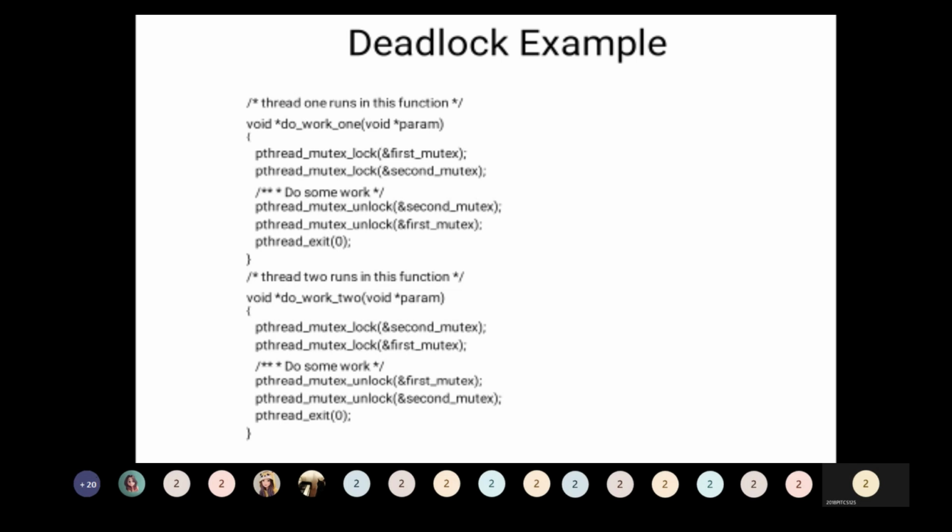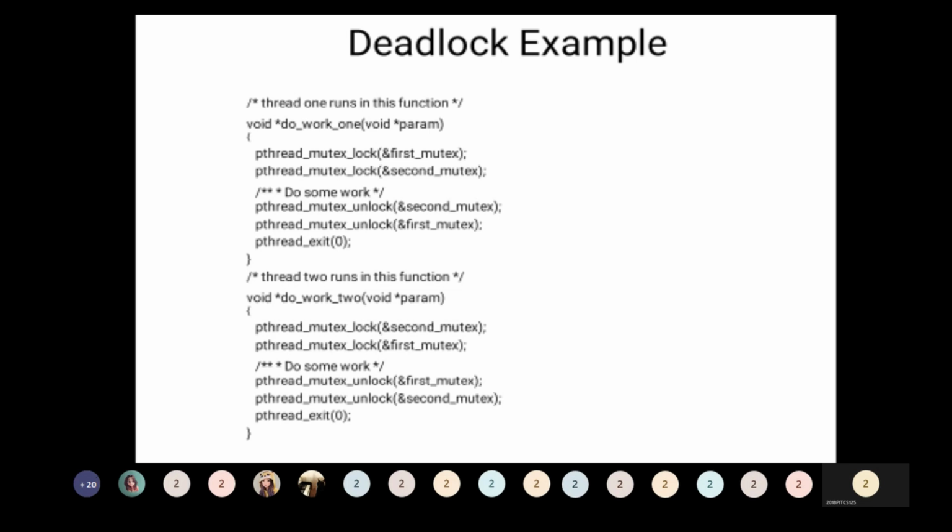During that time, thread 2 is executing in function 2. Here also it is acquiring mutex locks. First it acquires the second mutex, then it acquires the first mutex, then does some work.